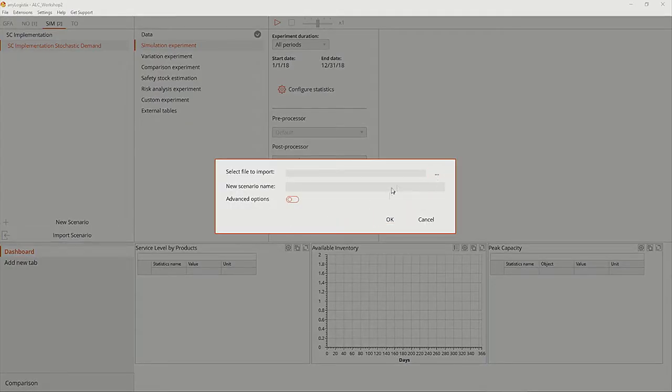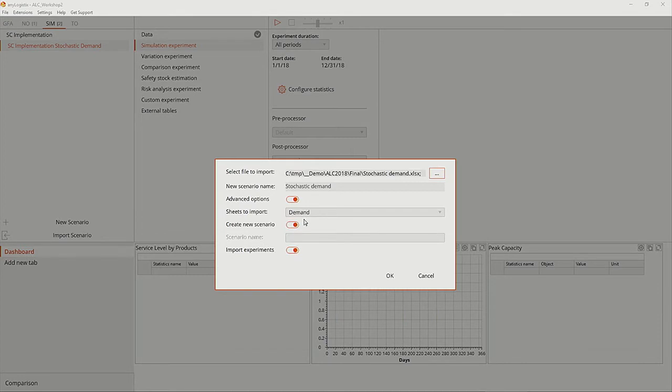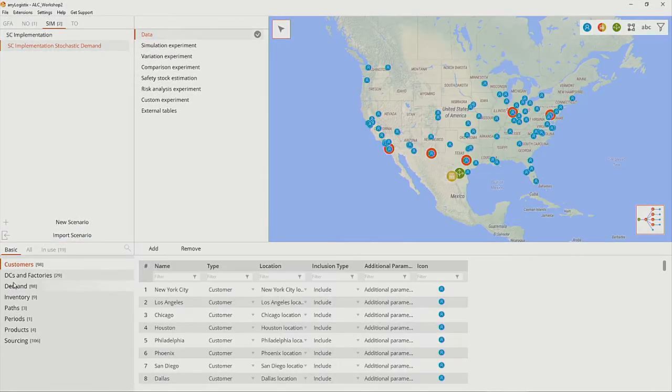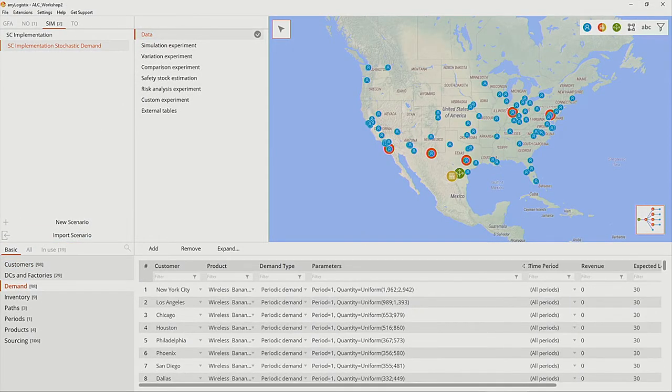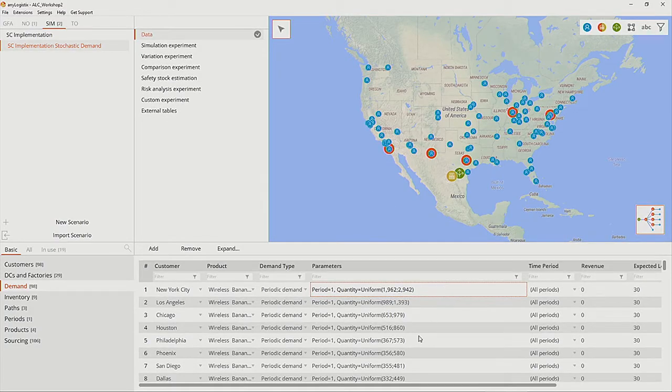So I will import a scenario, but only the demand part of it, and I specify that I put it to the existing scenario. So now if we look at the demand, we will see that it's distributed uniformly in some range as it was in the initial problem definition, and that range differs from customer to customer.